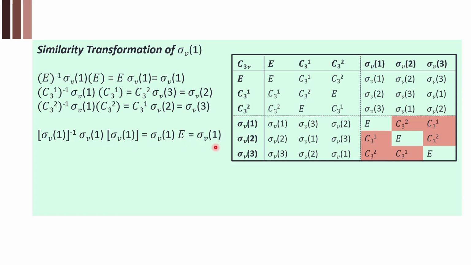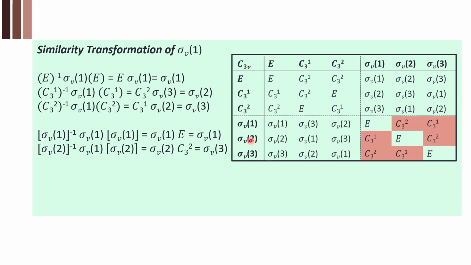So the result is sigma V1. If you proceed like that, sigma V2 reciprocal is sigma V2, and sigma V2 into sigma V1 produces C3^2. Now if you want to find C3^2 and sigma V2, this is going to give you sigma V3.